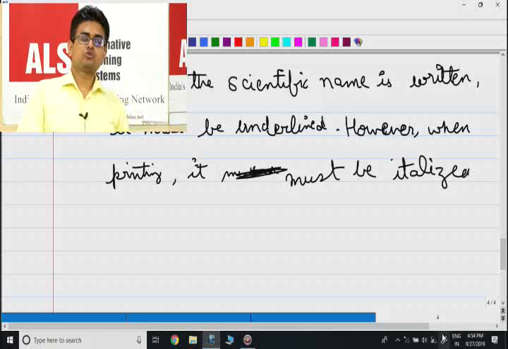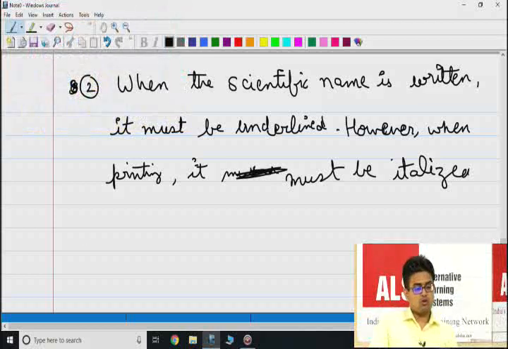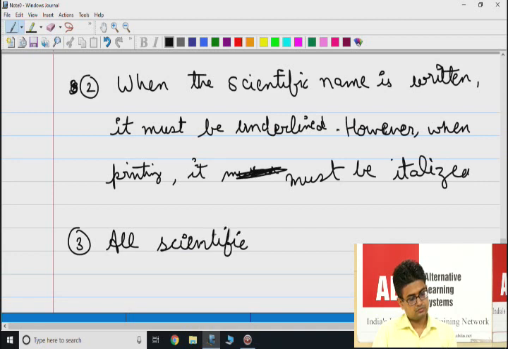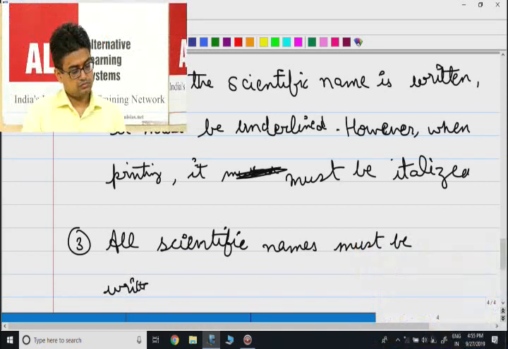Linnaeus used Latin language for naming organisms. All scientific names must be written in Latin language.